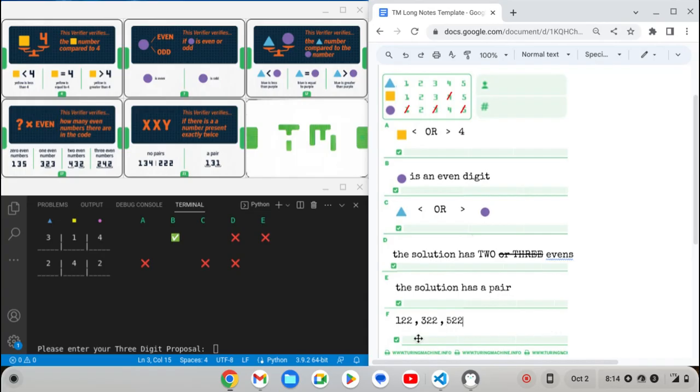And in the last 2, we see that triangle is larger than circle. So I'm thinking that those 2 are going to be ambiguous solutions, meaning I can't tell the difference between them.